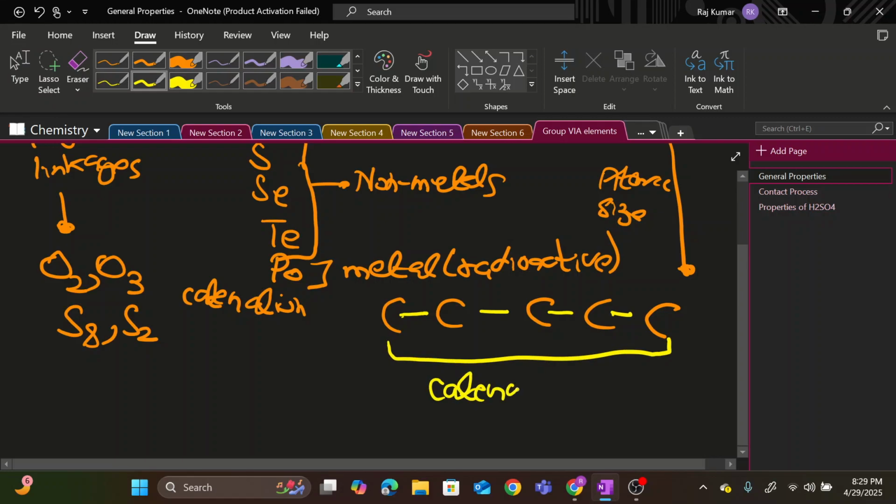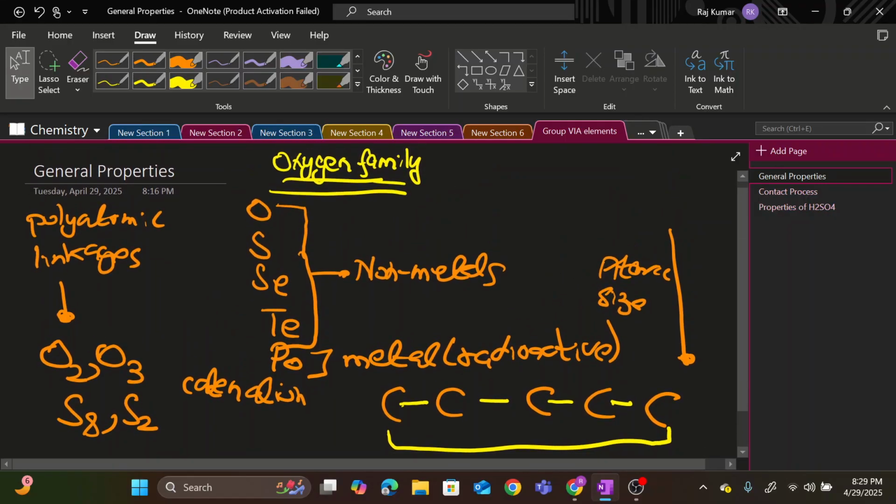Oxygen also has the catenation property, and the trend of catenation decreases downwards from oxygen to polonium.